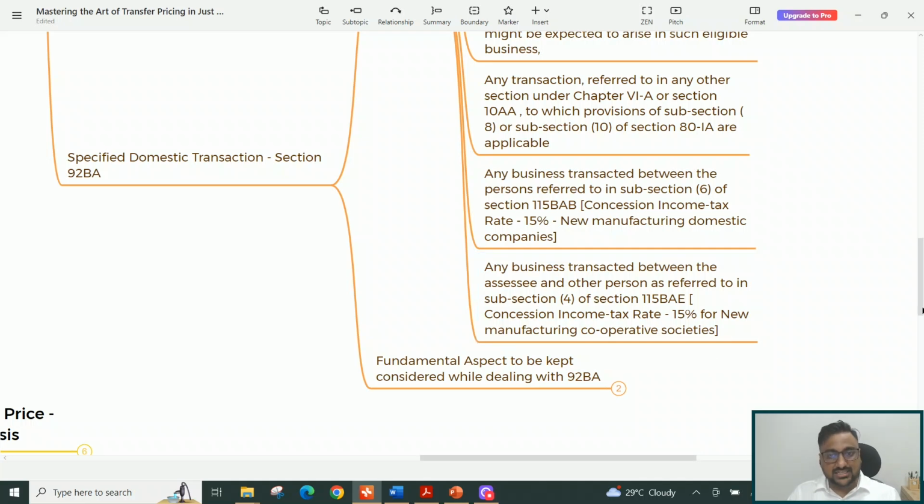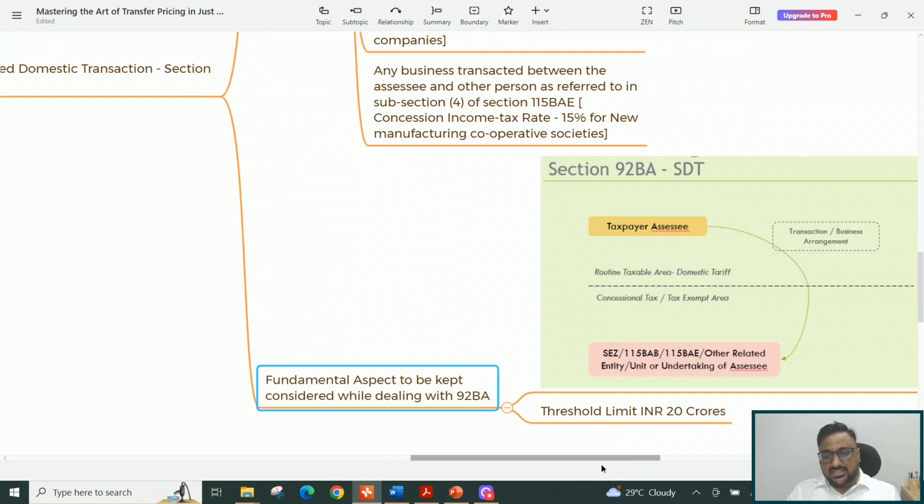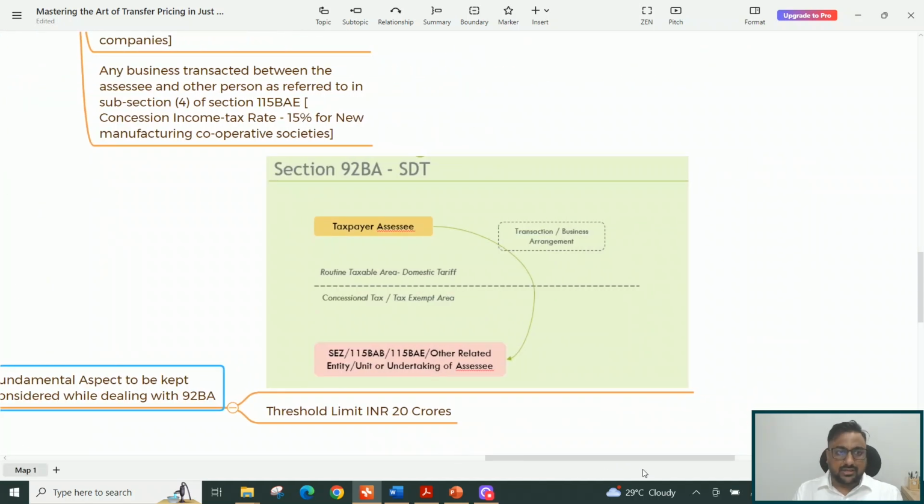Now I come to the fundamental aspects which are to be considered while dealing with section 92BA. What are those aspects? Just for your simple understanding, this could be a bit confusing. It was confusing for me also when I read it for the first time.